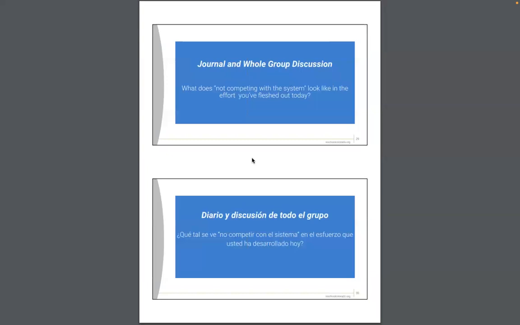Our last journal opportunity is for you to ask yourself what it looks like not to compete with the system in your own context, with what you have fleshed out so far today in your journaling exercises. Take 5 minutes to do that.